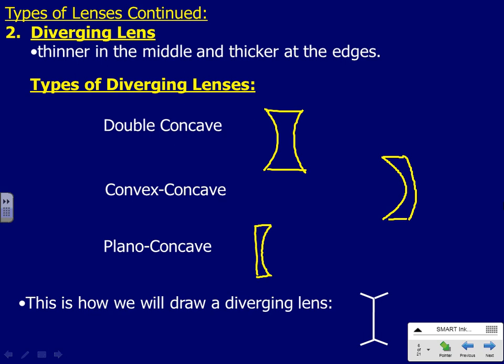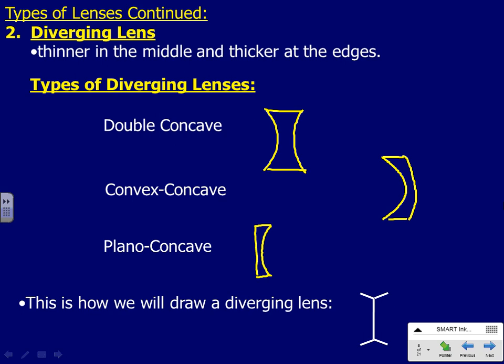Just before we move on and talk about ray diagrams, let me just talk a little bit about eye defects. We're going to learn that converging lenses are also used as magnifying glasses, all right? So if you have a magnifying glass and you put it in front of your eye, your eye looks really big, right? You've seen that before.